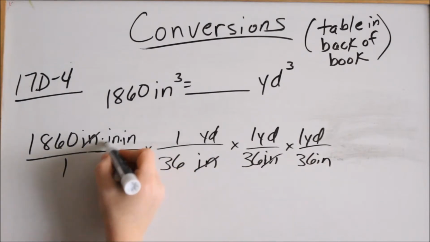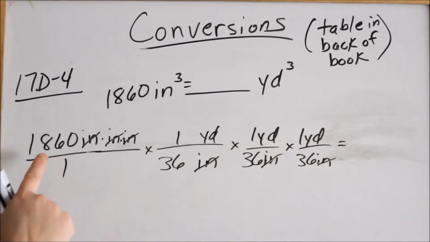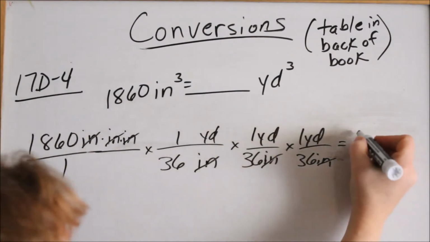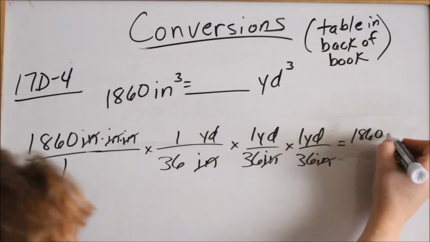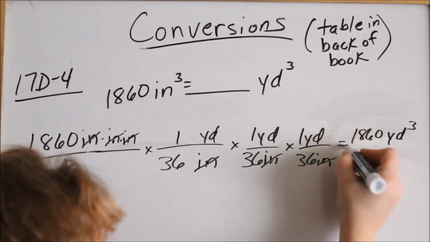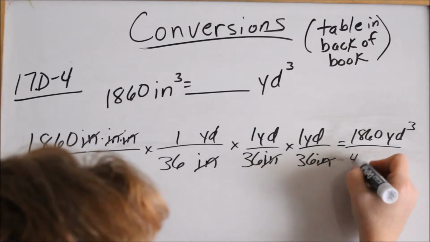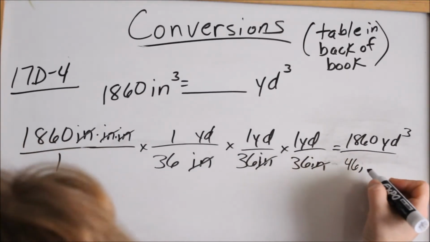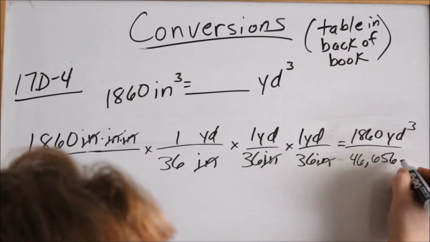Now this inch cancels with this one, cancels with this one, and so now you can see multiplying across, you would have 1860 yard times yard times yard, which is a cubic yard. And then you have to do 36 times 36 times 36, which is 36 cubed. And that is 46,656.